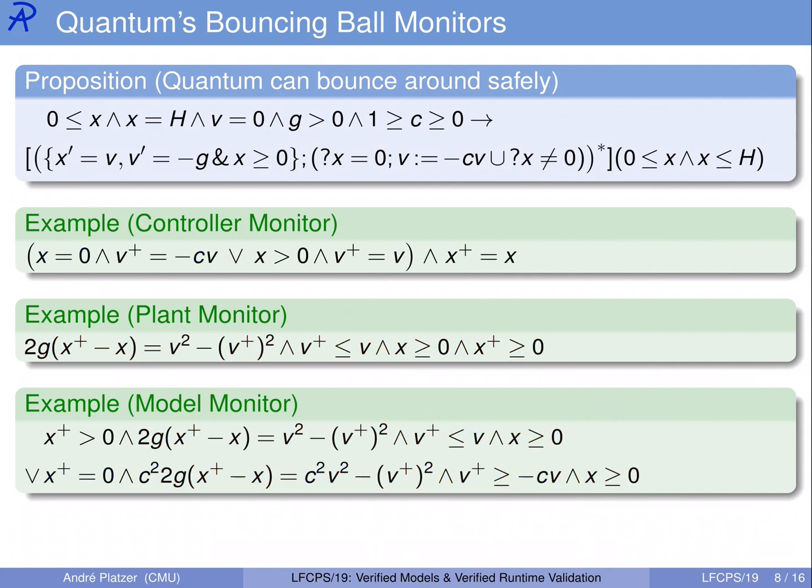In any case, the point is, these are the monitors, and you can even prove that this monitor is perfect. It detects all runs of this differential equation, if and only if.